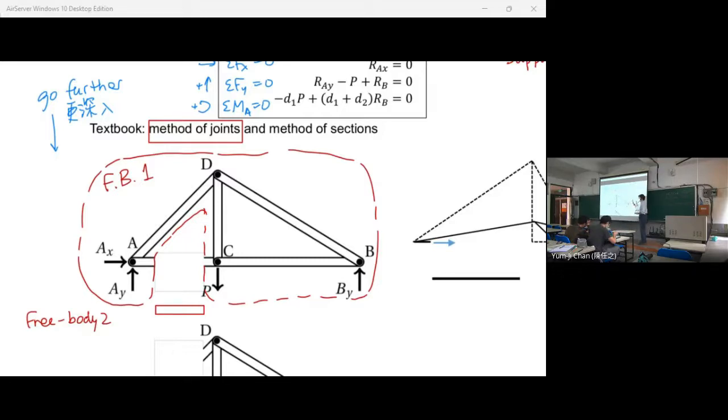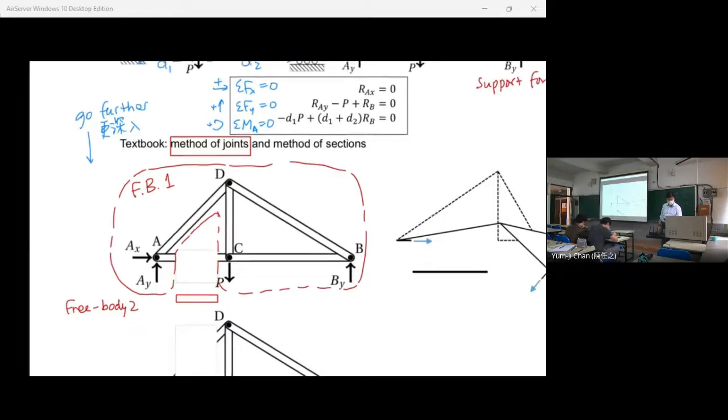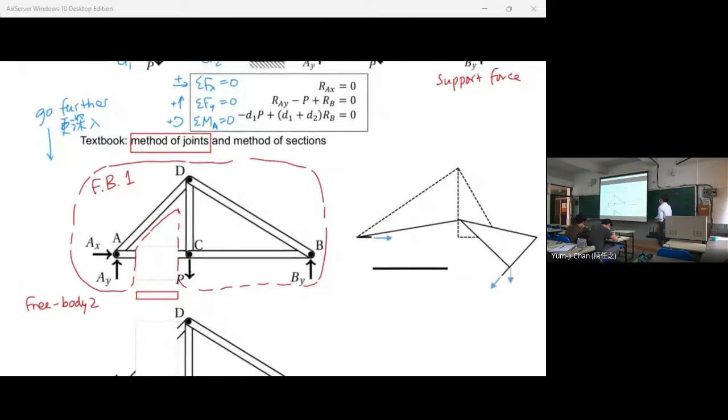Now we look at the figure on the right. If we do nothing, if we cut this free body into two, and we have the force P here, then it will go like this, right? Can you see what I mean?